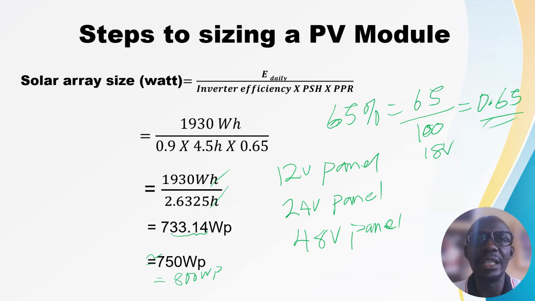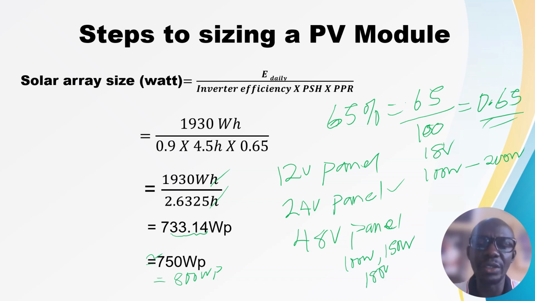And every panel has a nameplate. Are you getting it? So panels like maybe 100 watts to even up to 200 watts, most of them are 12-volt panel. But above 200 watts, maybe like 250 to 300 to 350, most of them are 24-volt panel. So we have panels from 100 watts, we have 150 watts, 180 watts, 190 watts.